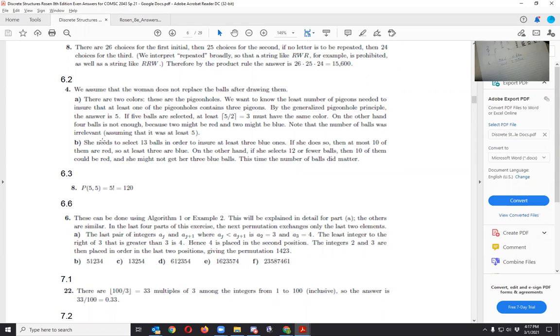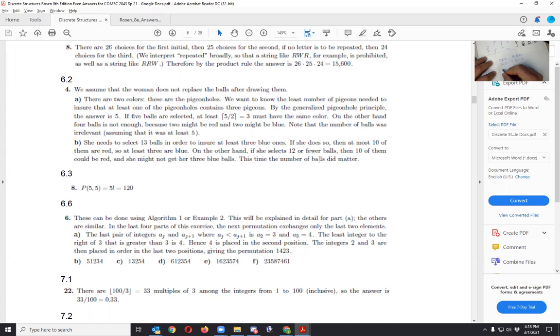All right, so this time it says she needs to select 13 balls in order to ensure at least 3 blue ones. If she does not do so, then at most 10 of them are red, so at least 3 are blue. On the other hand, if she selects 12 or fewer, 10 of them could still be red, and she might not get her 3 blue balls. So this time the number of balls did matter.